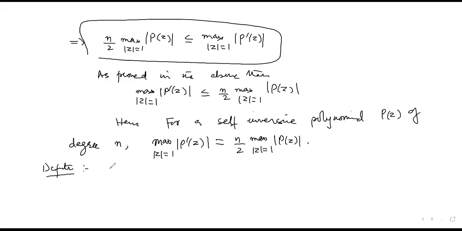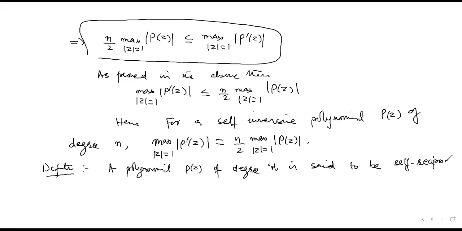A polynomial p of z of degree n is said to be a self-reciprocal polynomial if p of z is the same as z raised power n p of 1 by z bar. So here one thing to keep in mind: we have not put the factor outside, right? There we multiplied by u when we defined the self-inversive polynomial. So it's somewhat different from that.